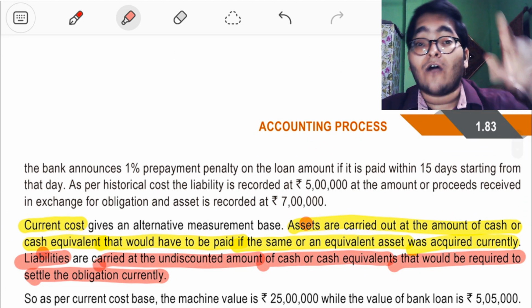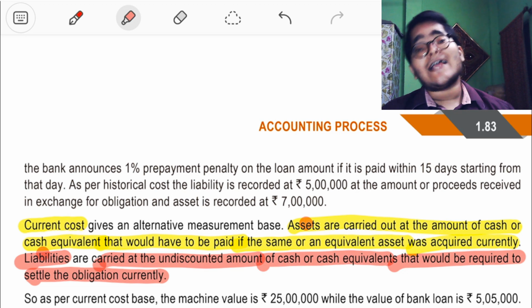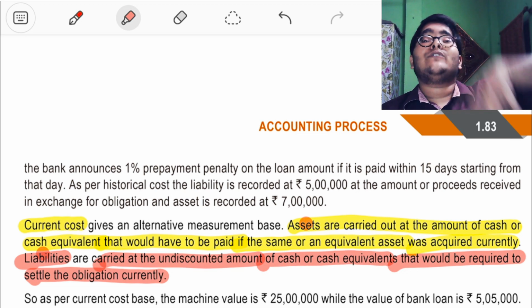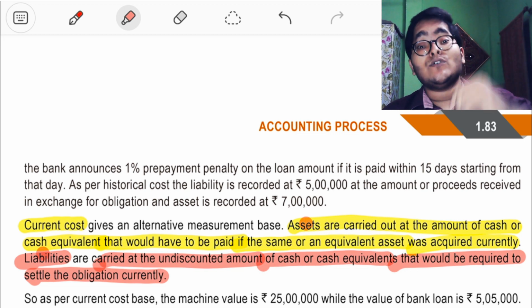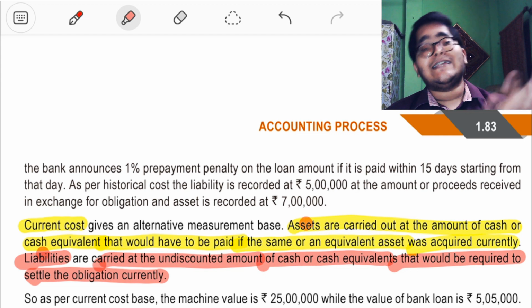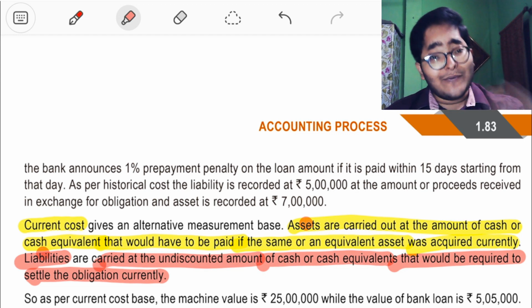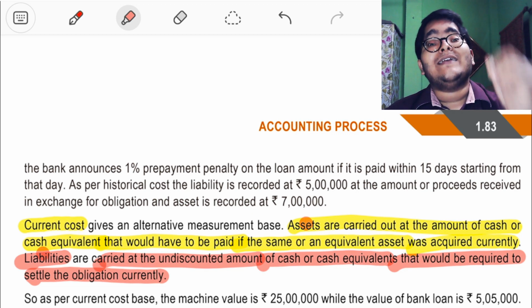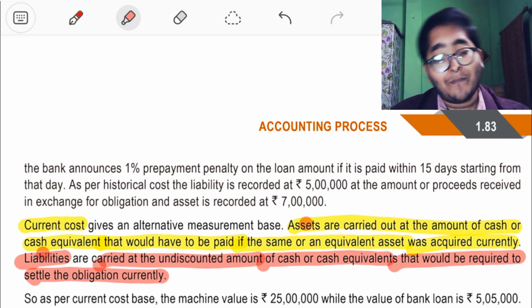Current cost of the liability is the amount of cash or cash equivalent that needs to be paid today itself to settle the liability today itself. So, if we need to settle that bank loan, we need to pay rupees 5 lakh, and also rupees 5,000 as a 1% prepayment penalty.